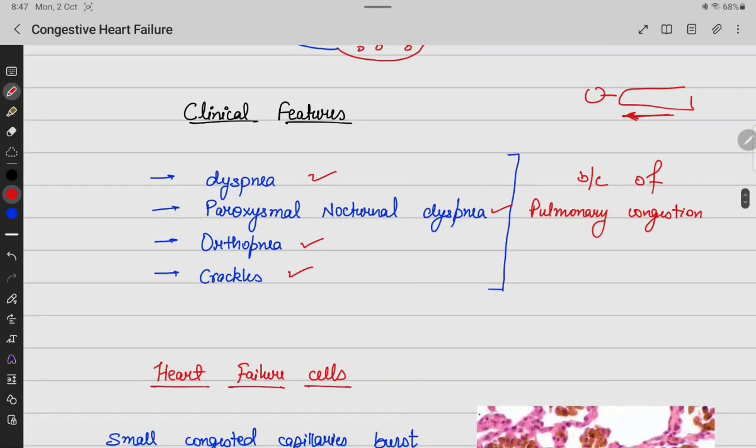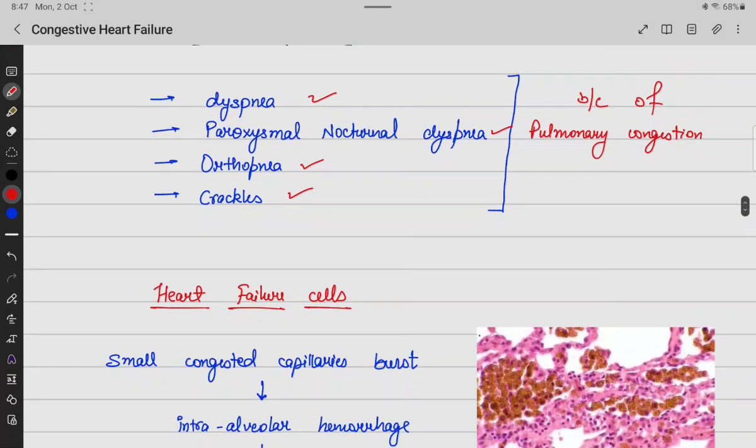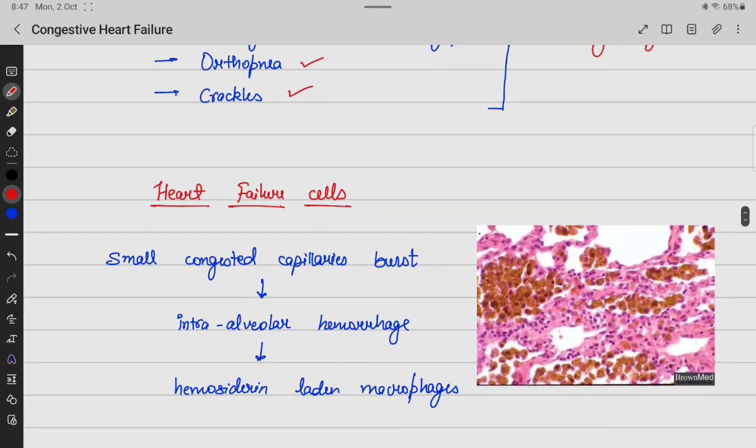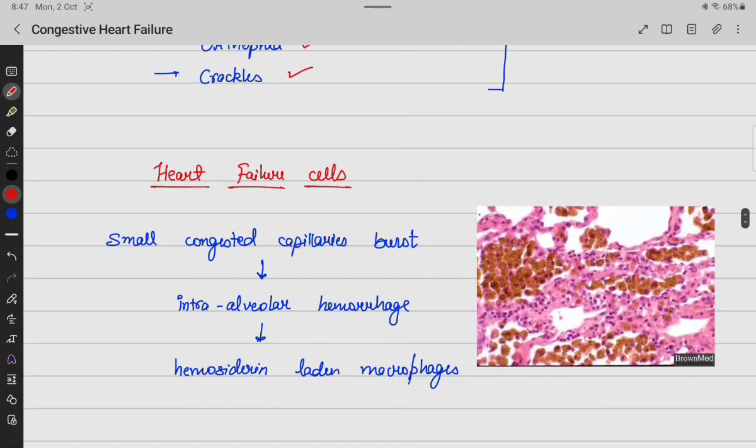Then there is this very interesting term called heart failure cells. Now, since we know there is pulmonary edema, the pulmonary capillaries which were first like this become dilated and can even rupture. These ruptured capillaries will lead to accumulation of some blood in the alveoli.